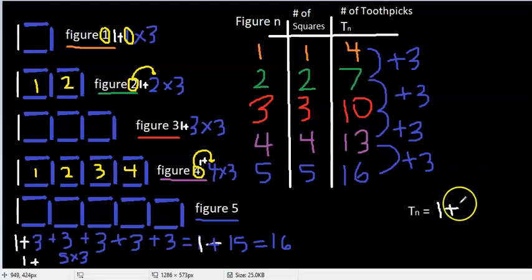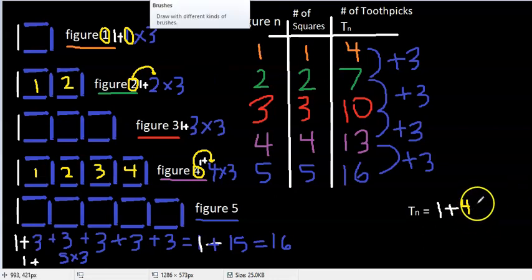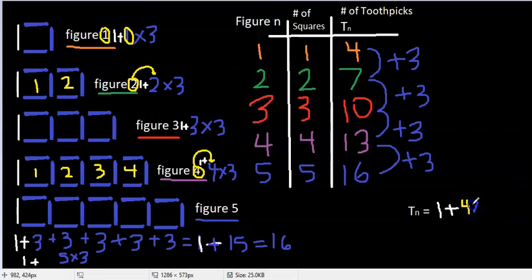So let's go ahead and write it out for, let's say, figure 4. I have 1, my initial toothpick, plus 4 times, so 4 groups of my 3 toothpicks.